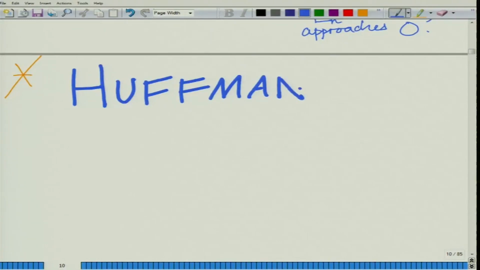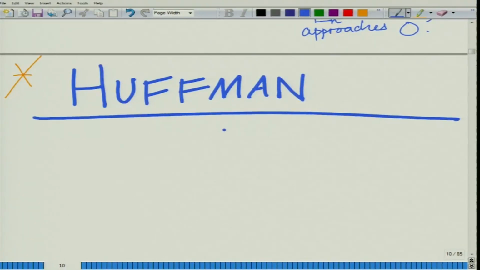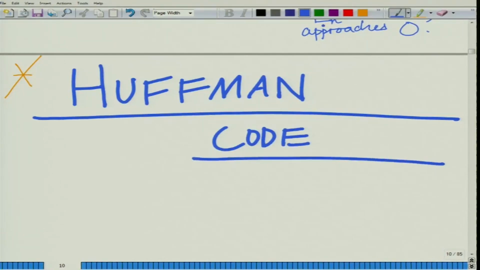which is a very popular and efficient algorithm to construct a prefix free code.